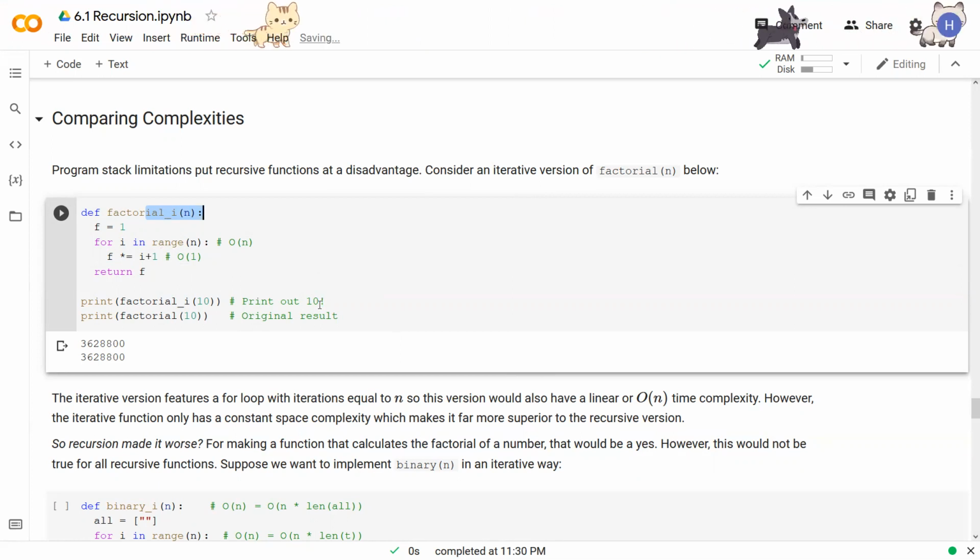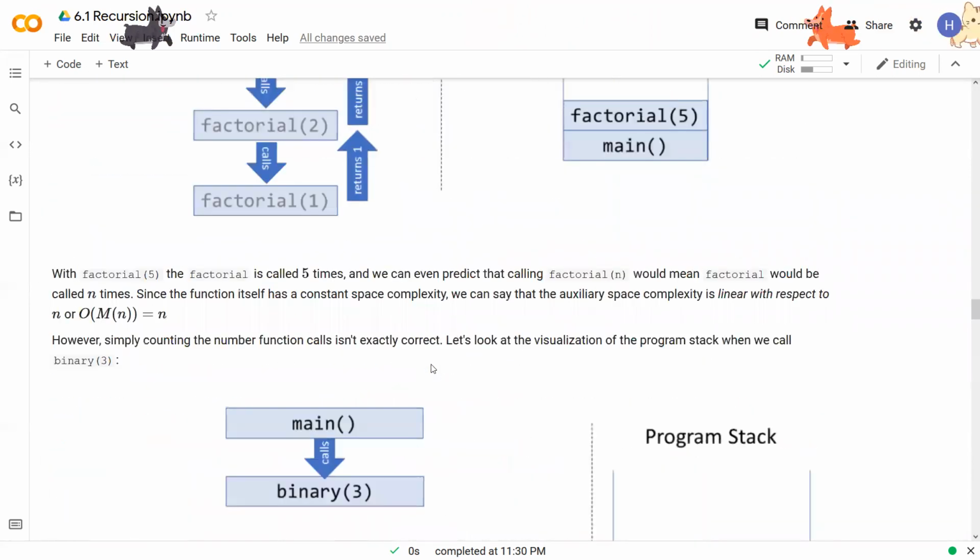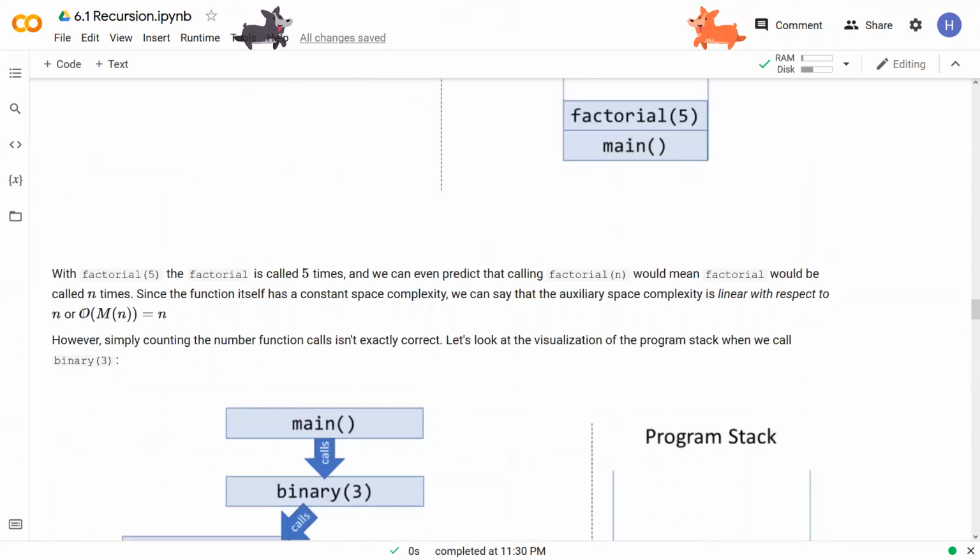So walang difference doon. However, yung difference natin dito, yung iterative function natin only has one temporary variable to store the temporary result. So ang kanyang auxiliary space complexity is just O of 1 or constant. So yung ating recursive factorial function on the other hand, meron siyang space complexity na linear din.